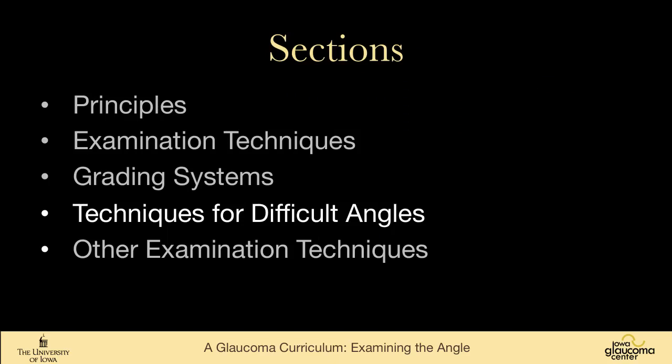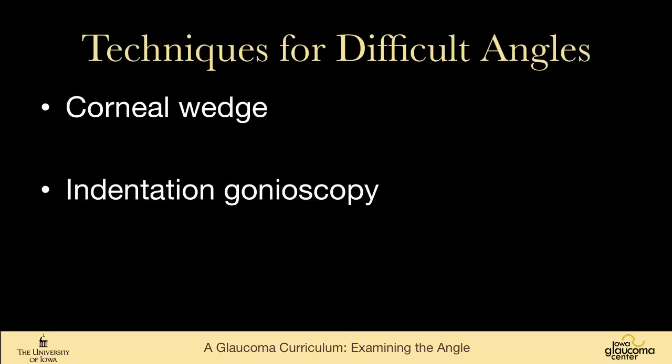Techniques for difficult angles. I've mentioned a few times corneal wedge and indentation gonioscopy. These are really very helpful tools to learn. The corneal wedge will help one find Schwalbe line, really helpful in an eye that has no pigmentation or that has too much pigmentation.